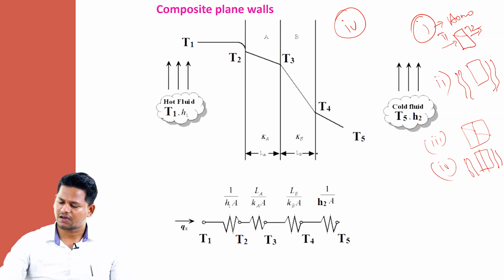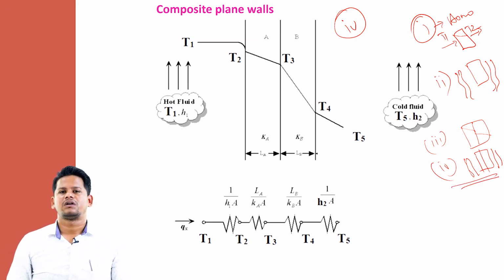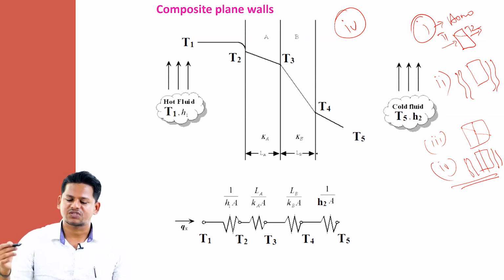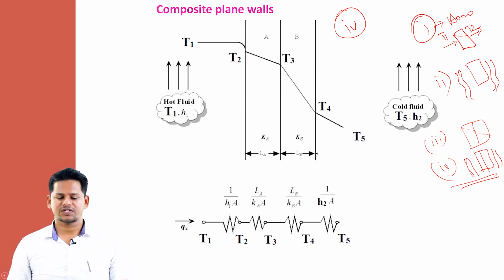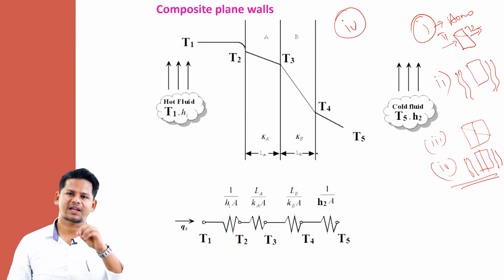So this is what we have in all the typical practical applications, where we have composite plane walls with both convection as well as conduction. First we have to identify how many heat transfer mechanisms are really involved in different places.